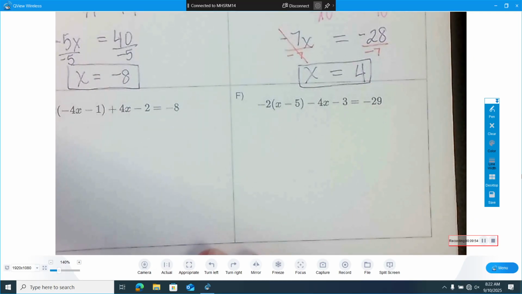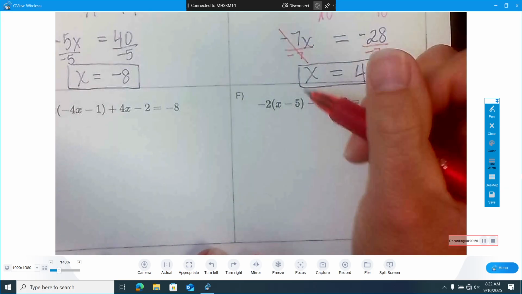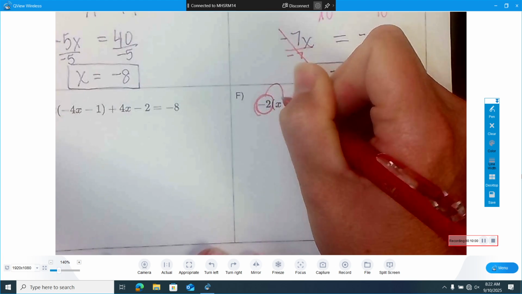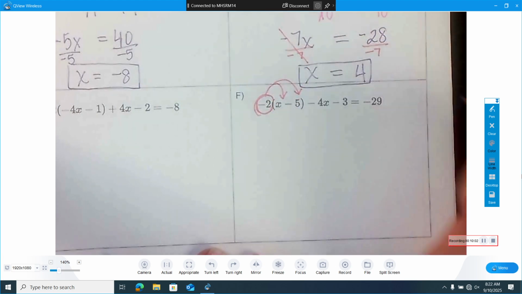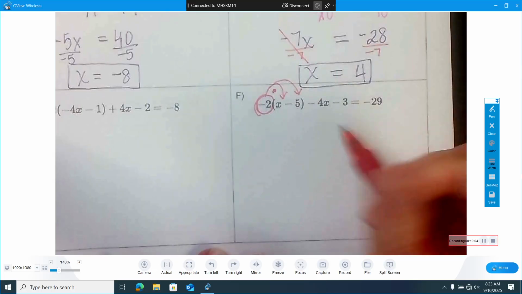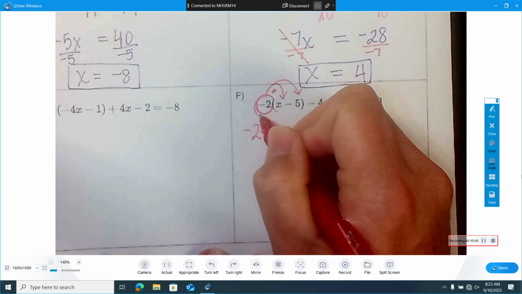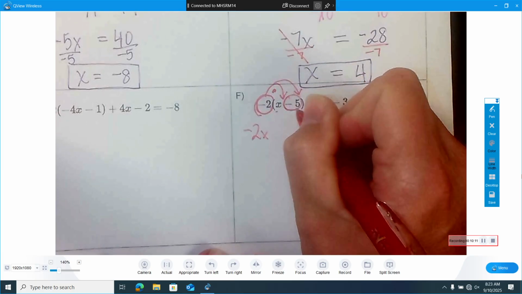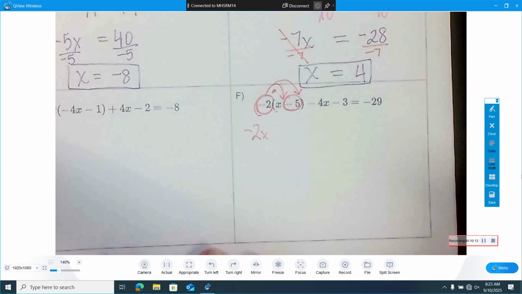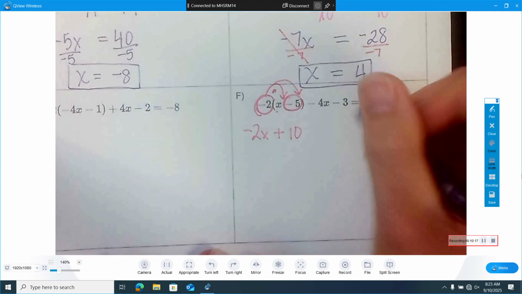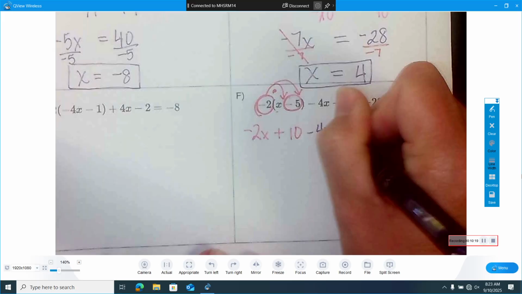All right, once again, what do we know to start with? Distribute. All right, so we're going to distribute that -2. Again, I always include my signs here. So -2 times x is -2x. And then we have -2 times -5. -2 times -5 is +10. The rest of the problem, don't leave anything out.